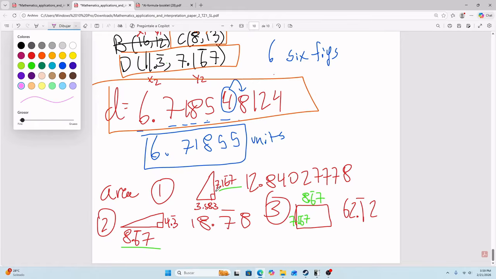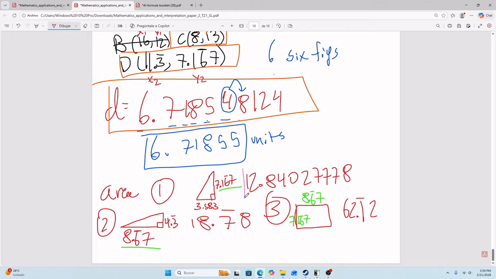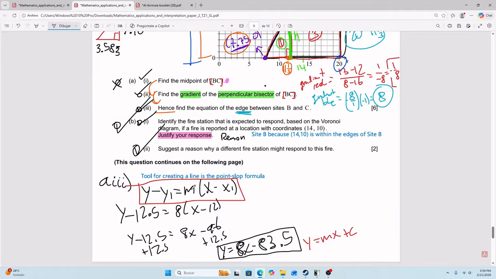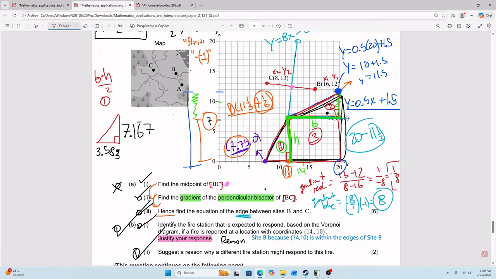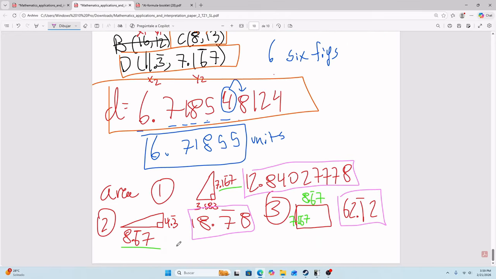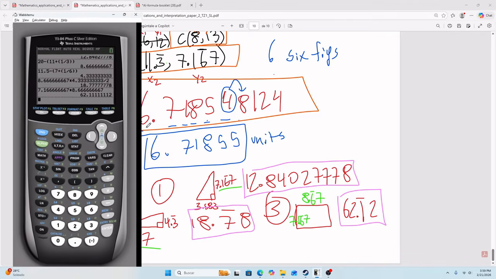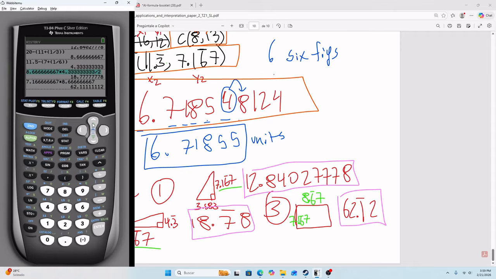So our areas of the three shapes are this guy, and this guy. And for finding the area of the entire region, you just have to sum up the three shapes. So the first shape plus the second shape plus the third shape is going to be exactly that: the first shape, which is 12.840, plus the second shape, which is this 18, plus the third shape, which is the 62.